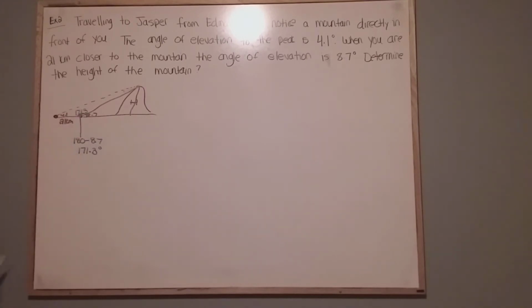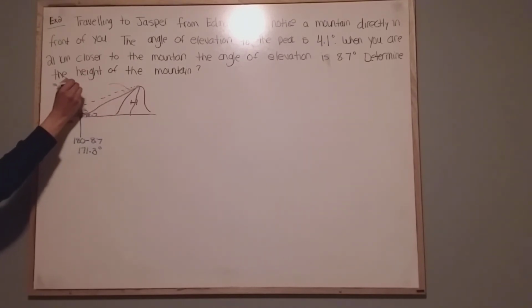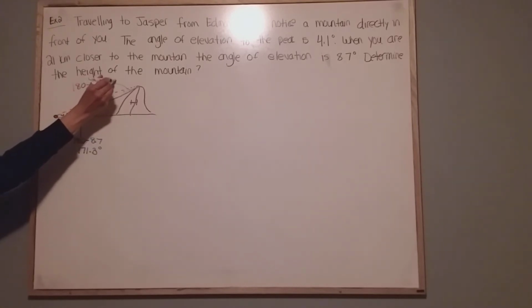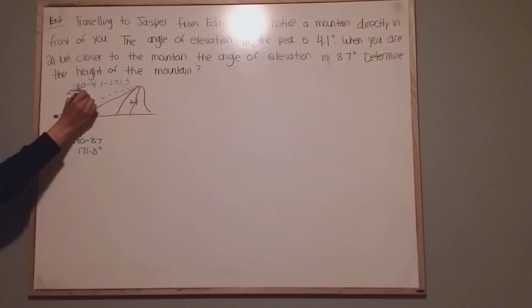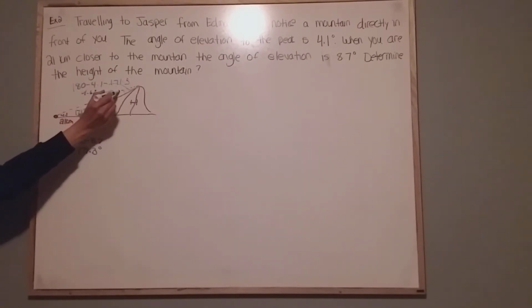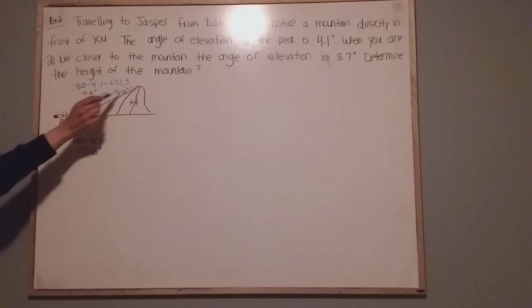If I know both of these angles, I can find this top angle, because 180 minus 4.1 minus 171.3 is going to equal 4.6 degrees. So I figured out these three angles.